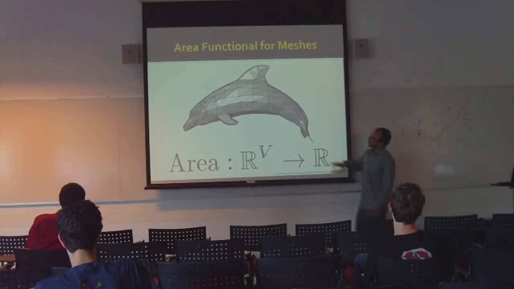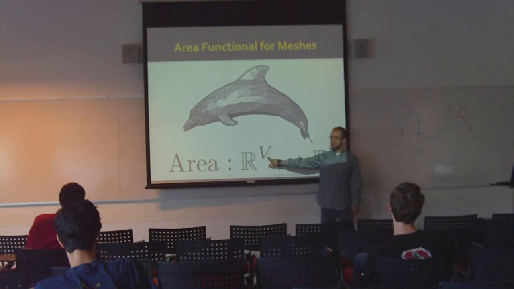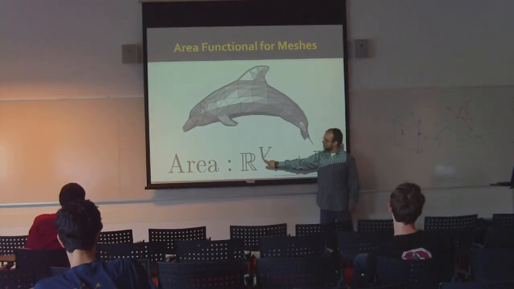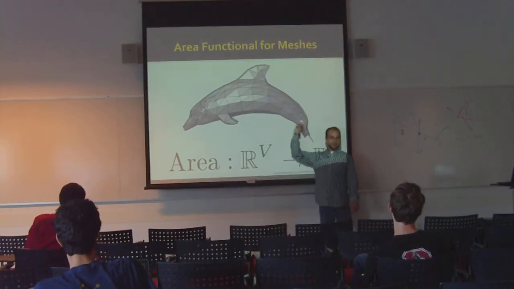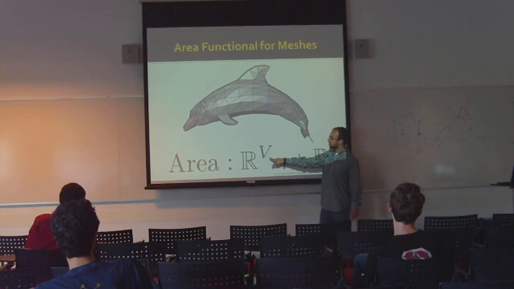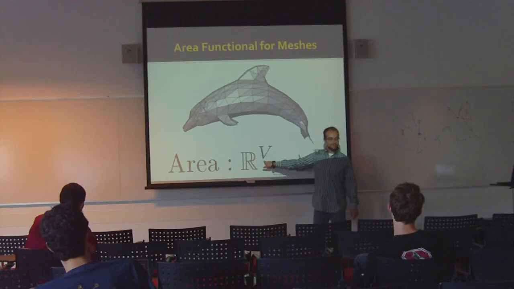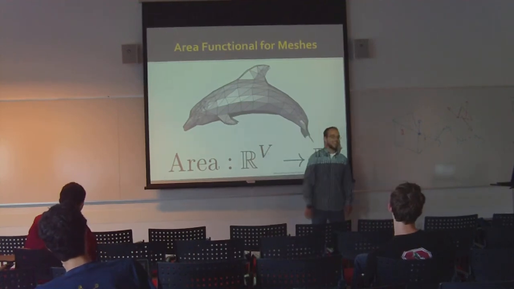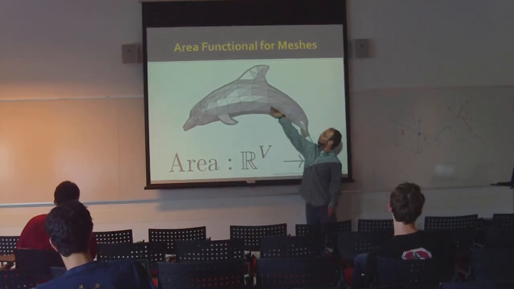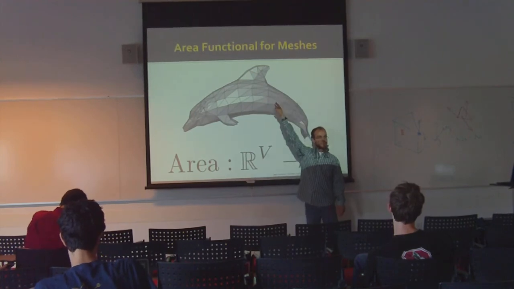So let's say that I have a triangle mesh like this dolphin. You have the number of vertices V. Then you can think of the area of this dolphin mesh as a function from R^3V, apologies. Basically, you're going to concatenate together all of the positions of all of the vertices of this mesh.